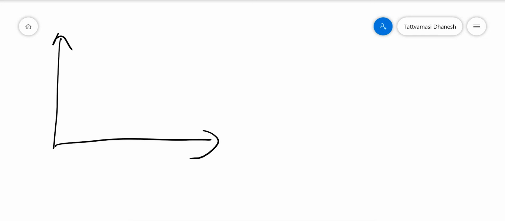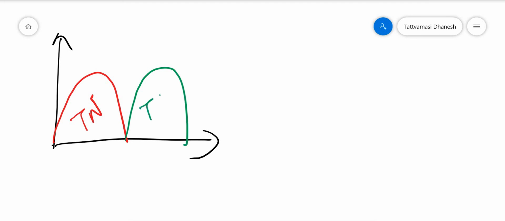See, let us assume that our case is like this. So you have true positive and true negative. This is true negative, and this is your true positive.